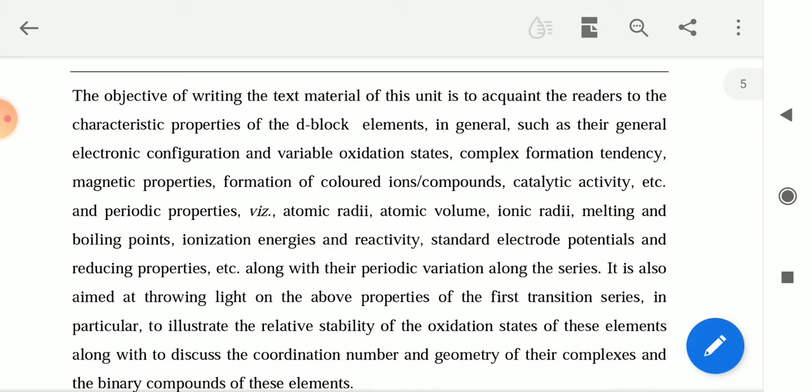As well as we have to learn about its periodic properties like atomic radii, atomic volume, ionic radii, melting point, boiling point, ionization energy, and reactivity.